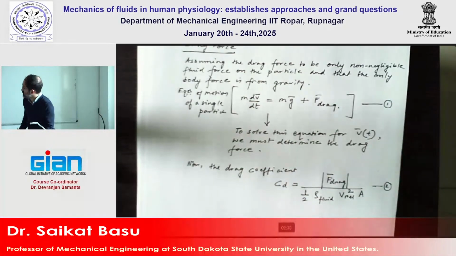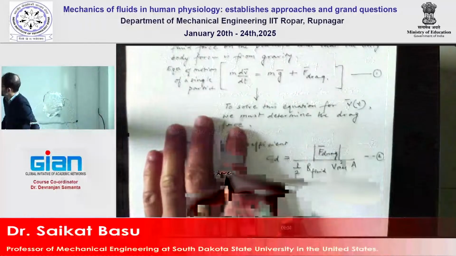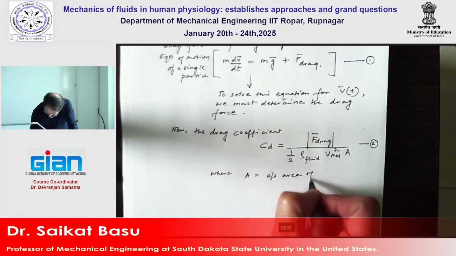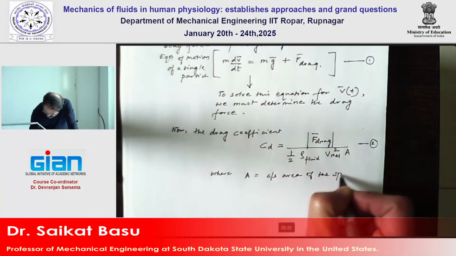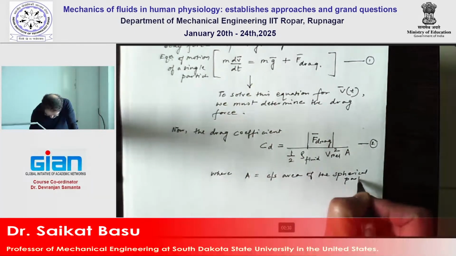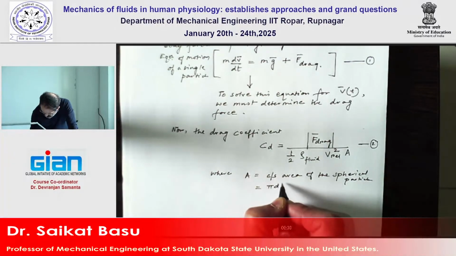So what is that V rel? It is the relative velocity. A is the cross-sectional area of the spherical particle. So if d is the diameter, it is pi d squared over 4.